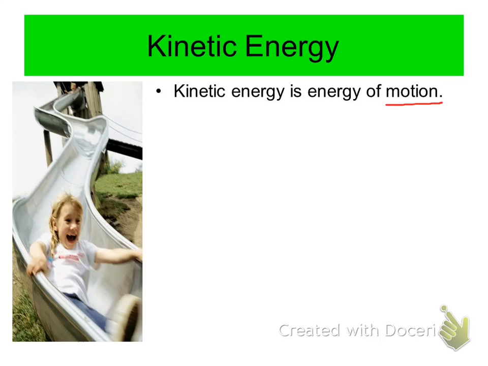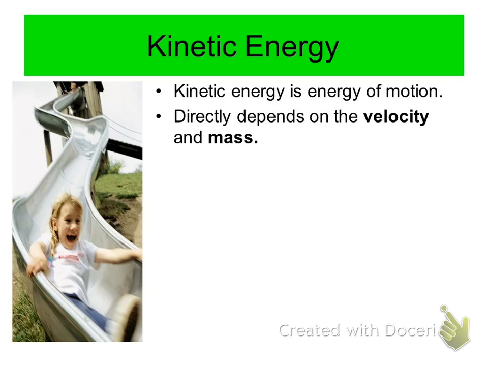Mass and velocity, very good. As you look at that next bullet in your notes, what's another word for velocity? Speed, good. So I'm going to put speed in parentheses there. So kinetic energy directly depends on the velocity, or the speed, and the mass of that object. So you put two bullets there.